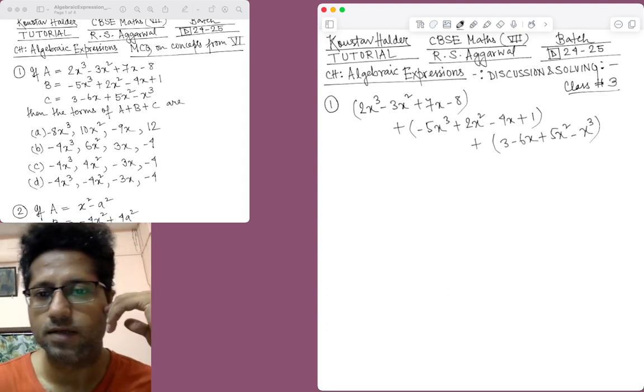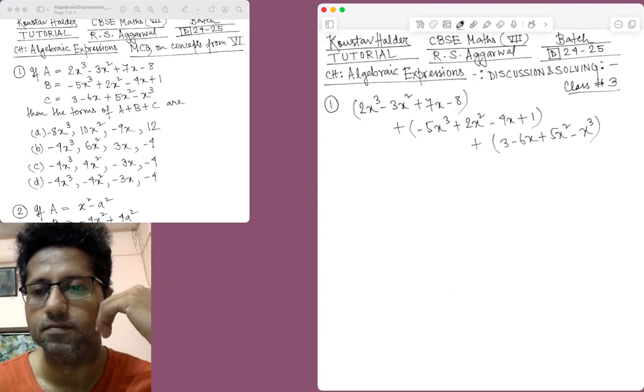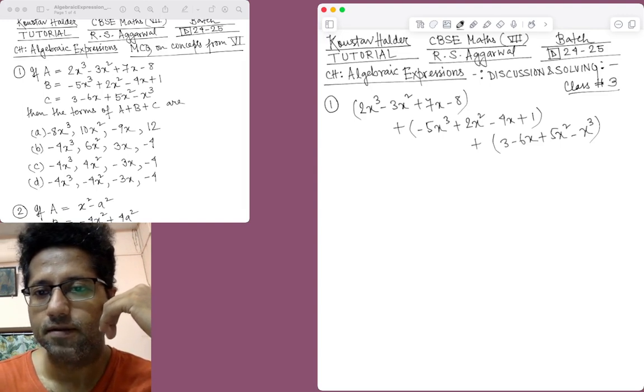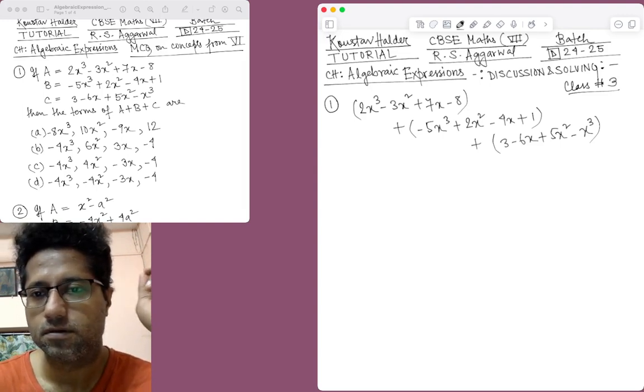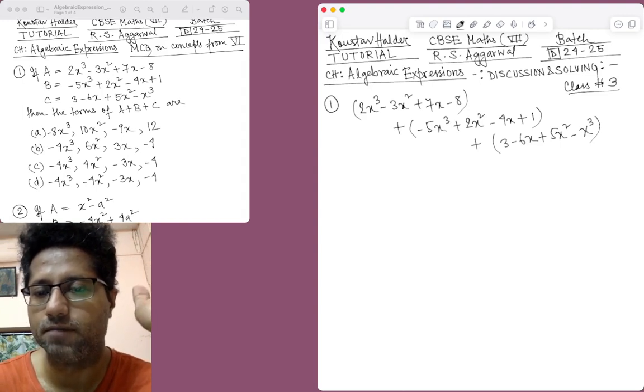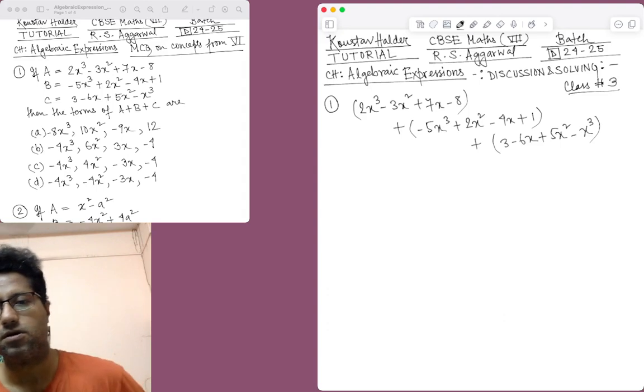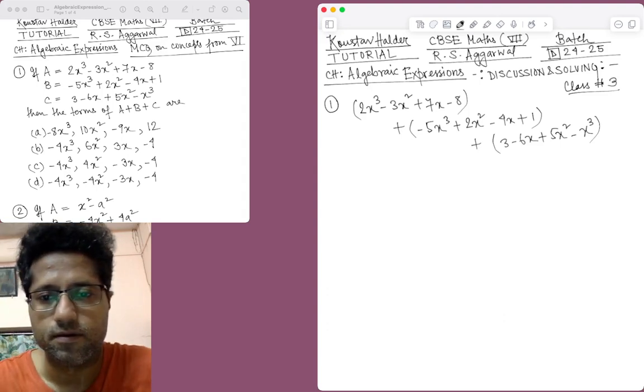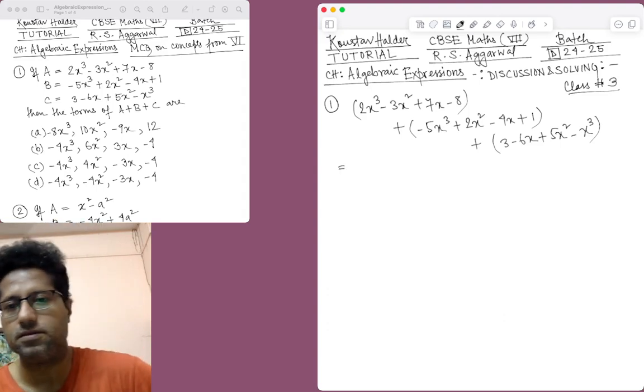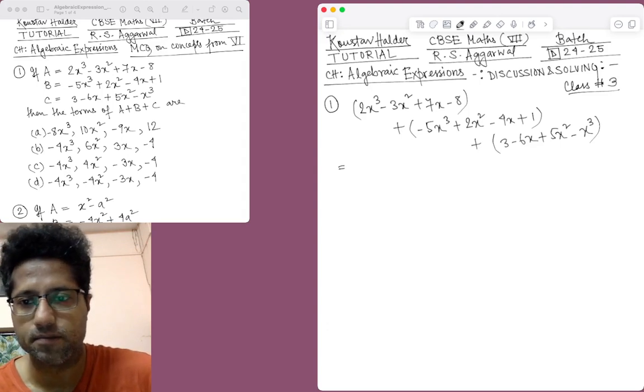So how do we add algebraic expressions? We have these 3 algebraic expressions and we have to add them. The method is that we add the like terms, and we keep the unlike terms unchanged. So we group all the like terms together.